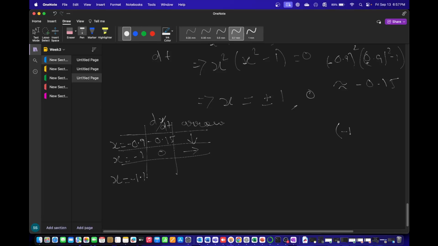So minus 1.1 whole square into minus 1.1 whole square minus 1. This actually comes out to be positive because 1.1 is greater than 1. This is approximately 0.25. So the arrow is converging. So x equal to minus 1 is a stable steady state.